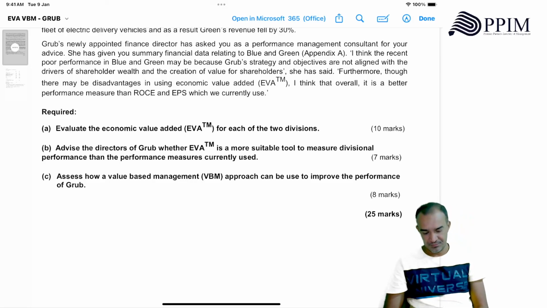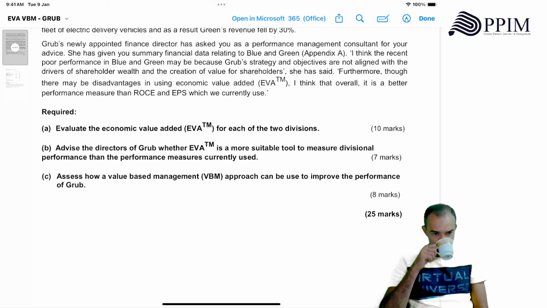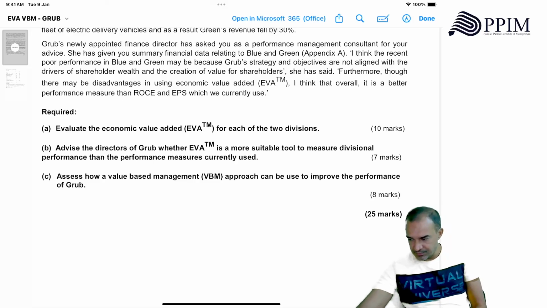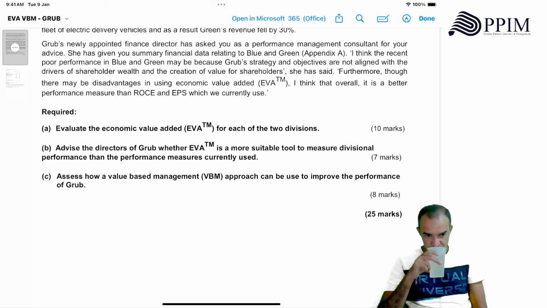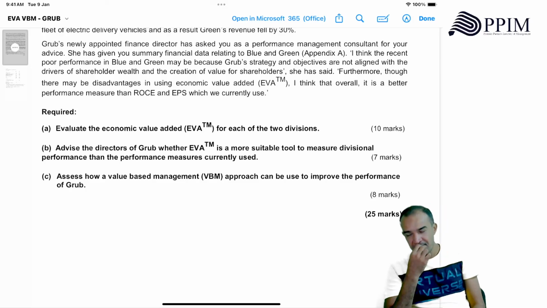ROC, although it looks at the returns for capital employed, these figures are subject to accounting adjustments.